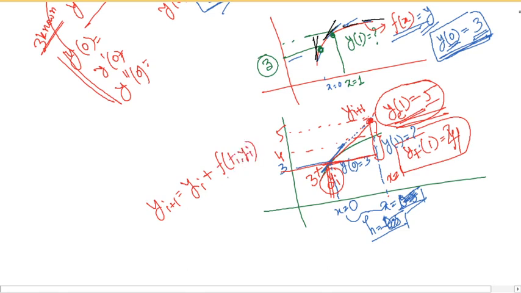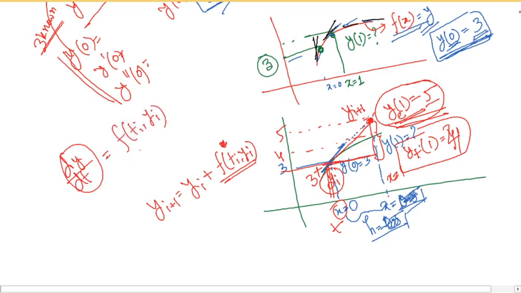This is the function f(t_i, y_i). We have said that dy by dt, forget about x, if it is t, or if I say this is x, whatever, dy by dt equals the function f(t_i, y_i), that is the slope function.